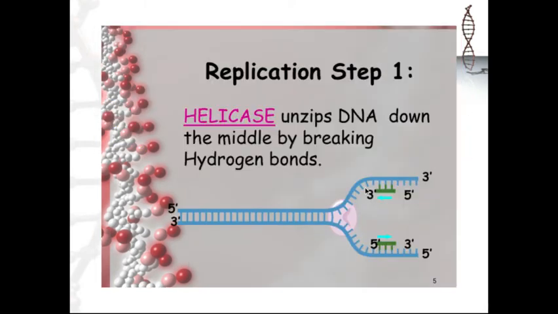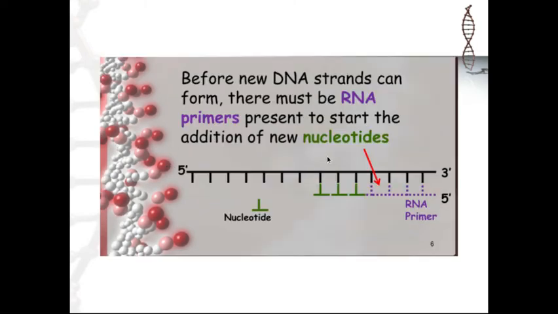So the first step is that replication fork. Helicase unzips the DNA down the middle by breaking the hydrogen bonds. That has to happen first. Then before DNA strands can form, there must be some RNA primers. You don't need to remember RNA primers. It's just to get it ready. But what you do need to see is that these nucleotides, there's free bases, okay?